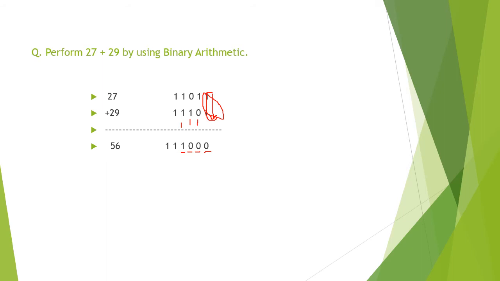So sum 1 is written over here and the carry gets added to the next digit. Again 1 plus 1 plus 1 becomes 11. Now here, as there is no next digit present, we write the sum and carry here only. So it becomes 111000. This is nothing but the binary representation of the number 56, and this is how we can add two binary numbers using binary arithmetic.